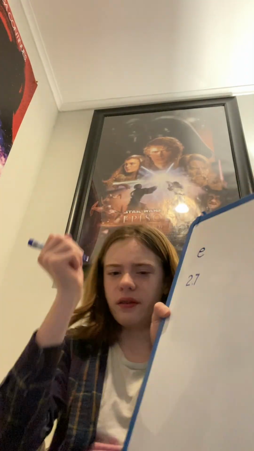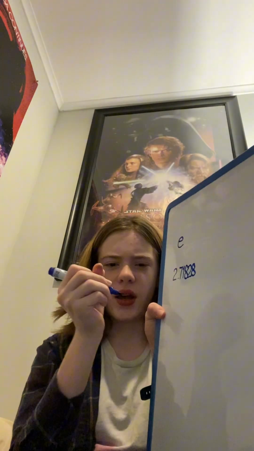So, the first few digits of e are 2.7, and then it goes 1828. And then after that, there's another 1828. And then after that, there's 45, and then 90, and then 45 again.